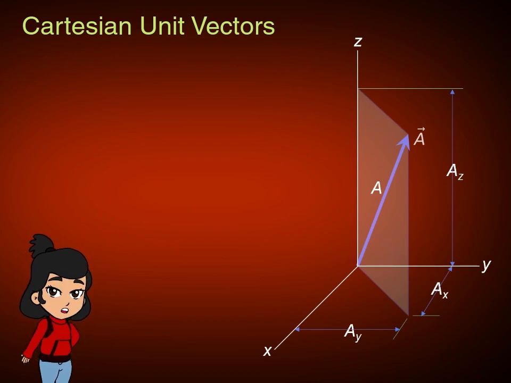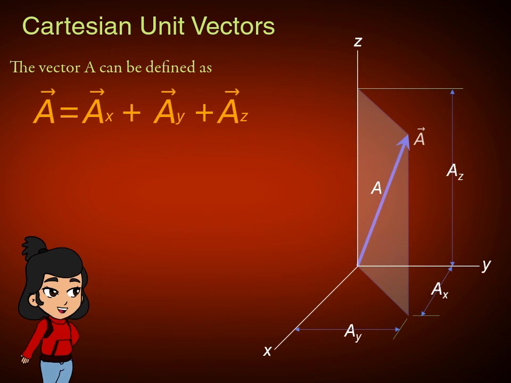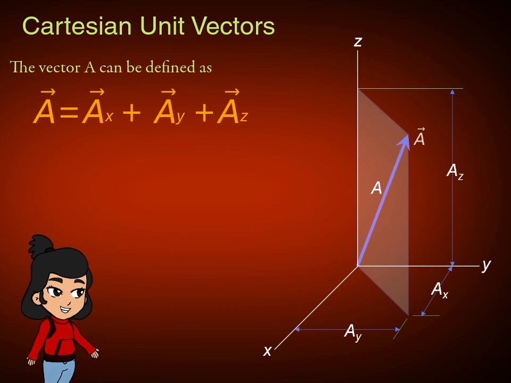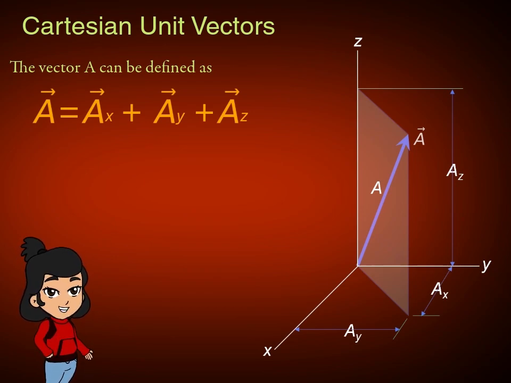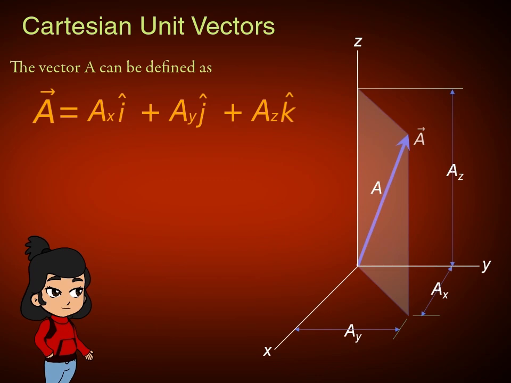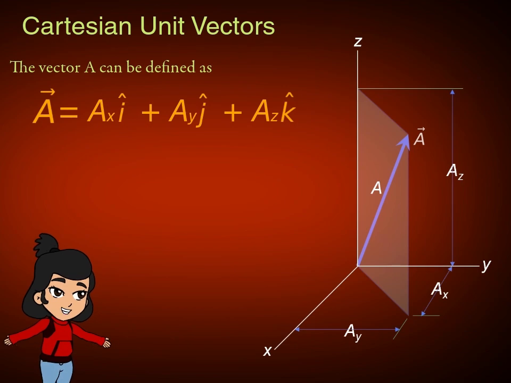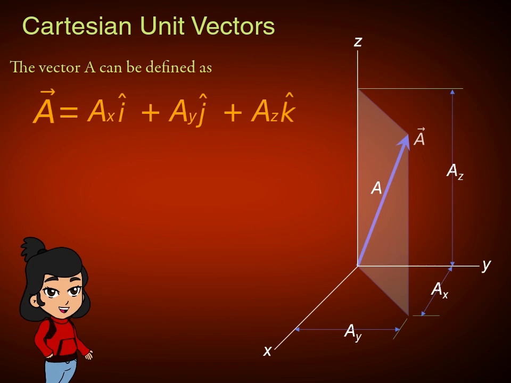To find these components, remember that vector A is equal to vector A sub x plus vector A sub y plus vector A sub z. Or, if we think about it in terms of Cartesian vector notation, then vector A is equal to Ax times i caret plus Ay times j caret plus Az times k caret.